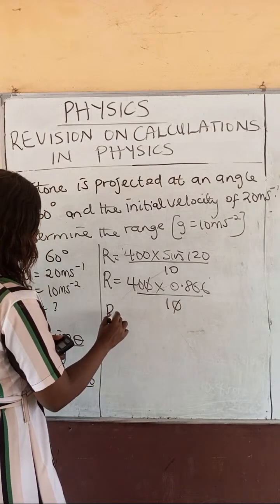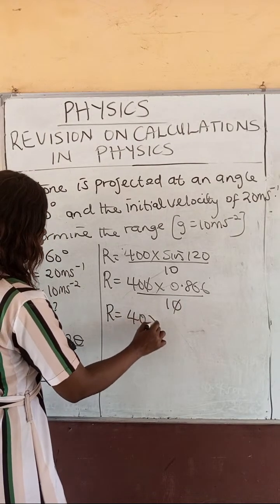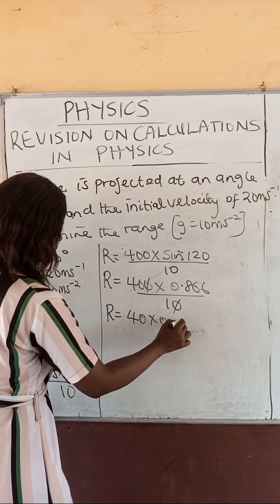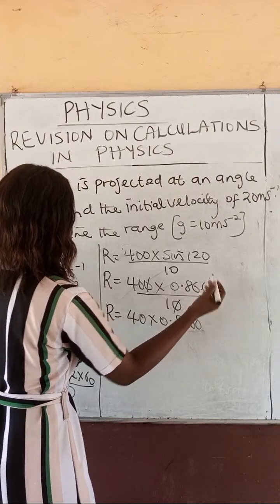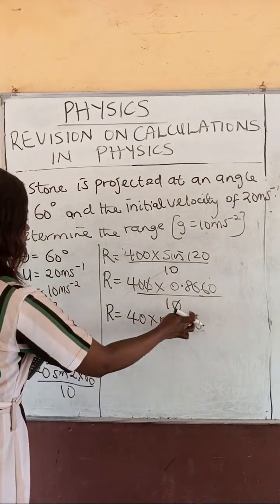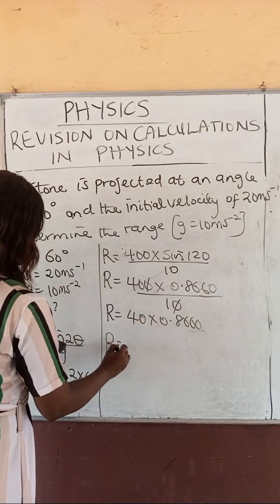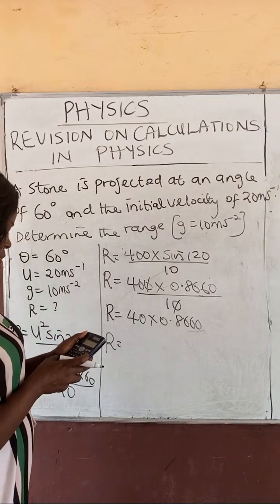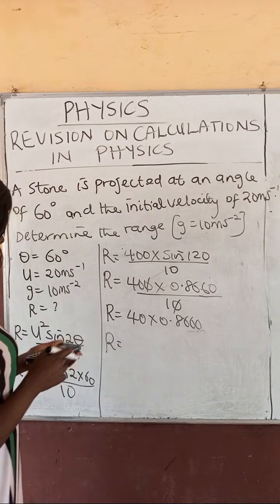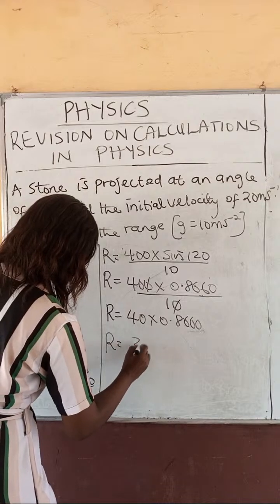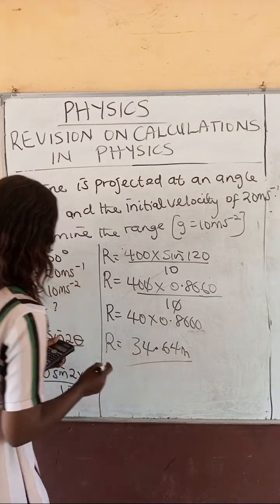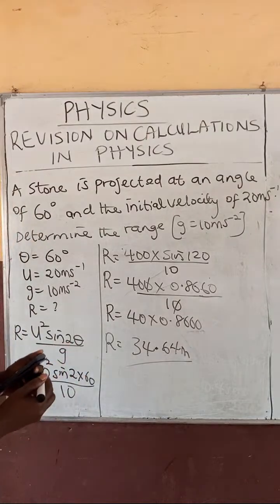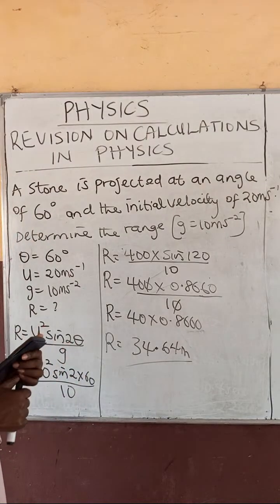So we are left with 40 multiplied by 0.8660. Okay? So let's multiply by 40. And the answer becomes 34.64 meters. Okay, Grace Onyema, so this is the answer to your question.